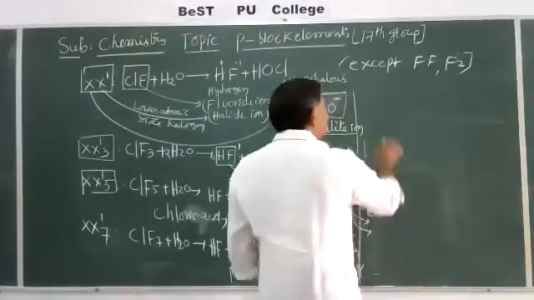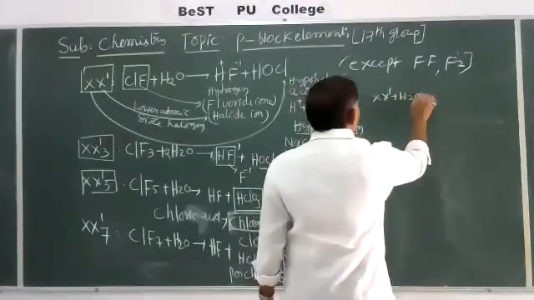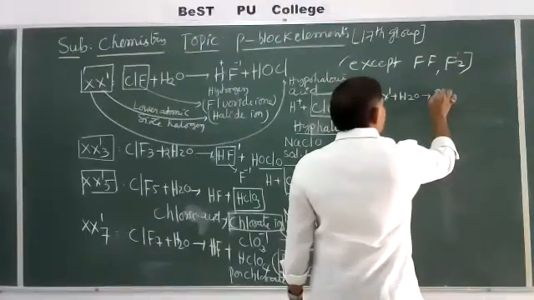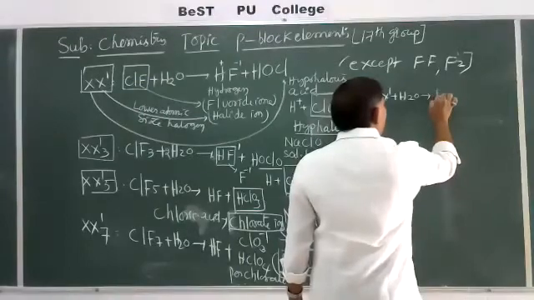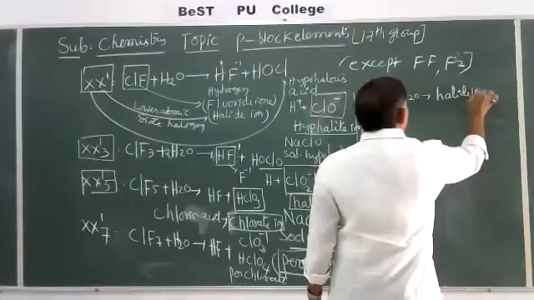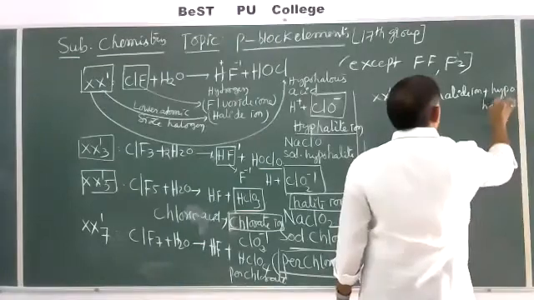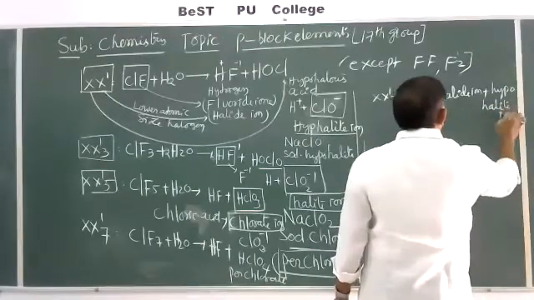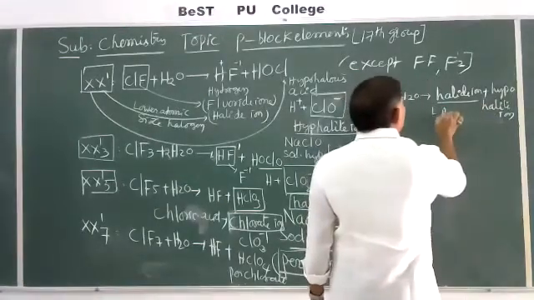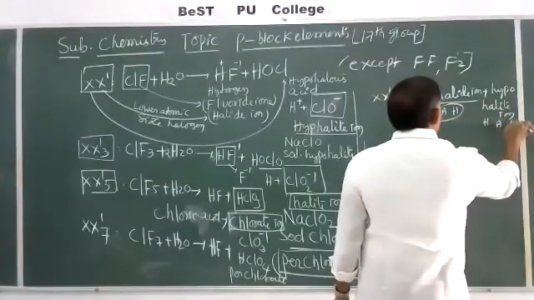So we'll summarize, listen here. X dash with water H2O gives the corresponding halide ion plus hypohalite ion. This halide ion is from the lower atomic number halogen, and this is the higher atomic number halogen.